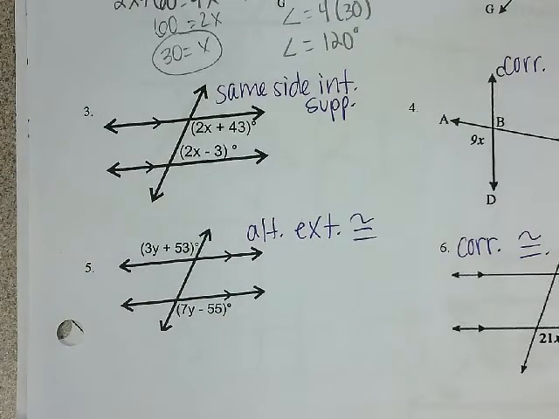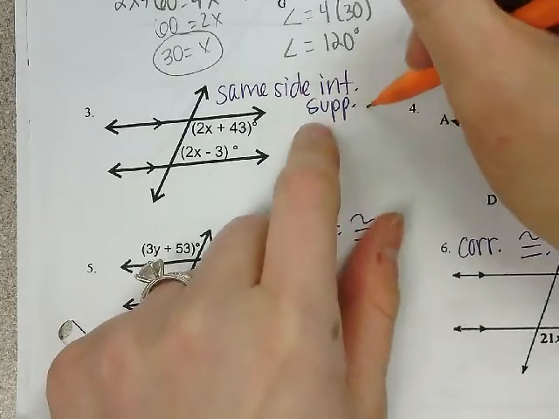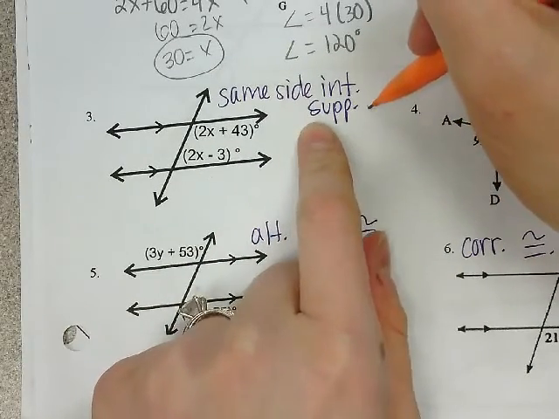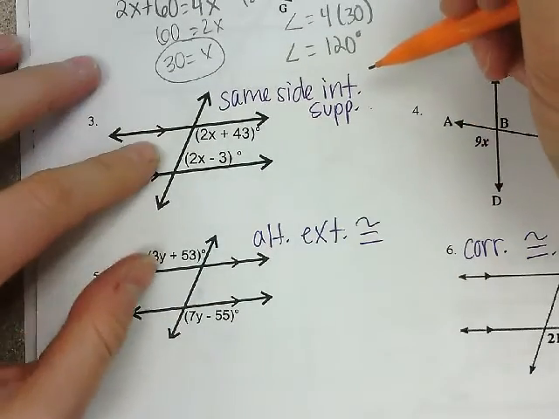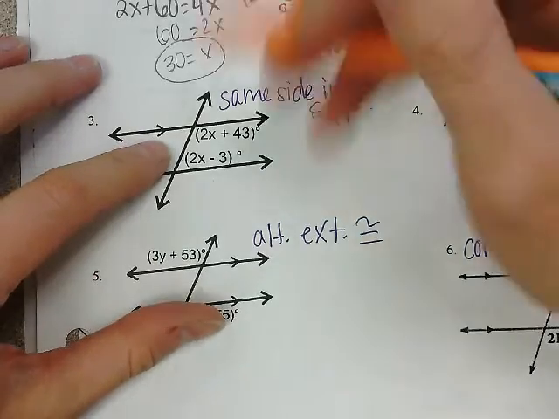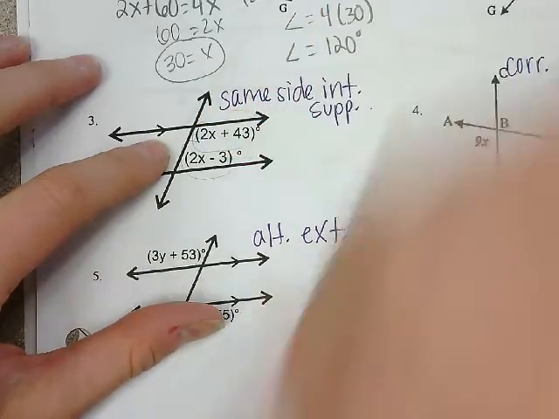Same side interior. We talked about these angles being what yesterday? They're not congruent. Awesome, they're supplementary. What does supplementary mean? They equal 180. Perfect. So how am I going to set this up to find x?